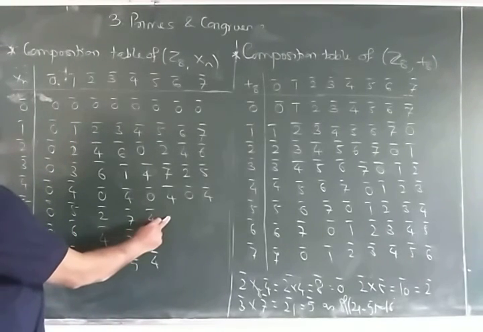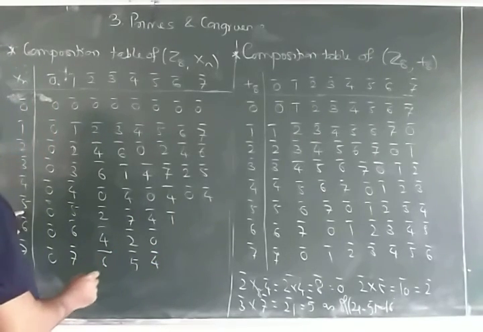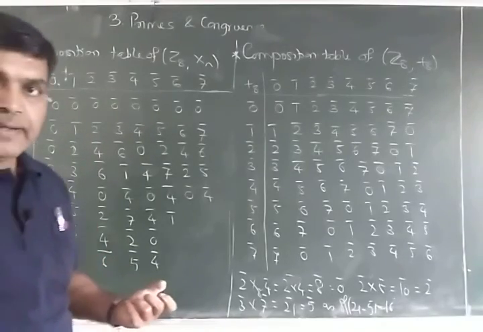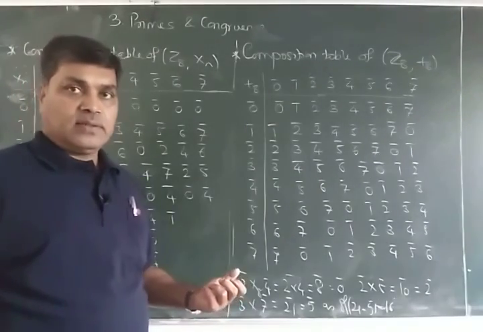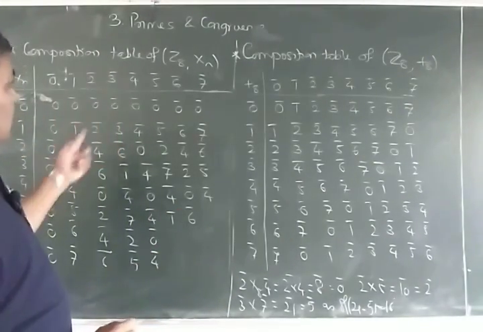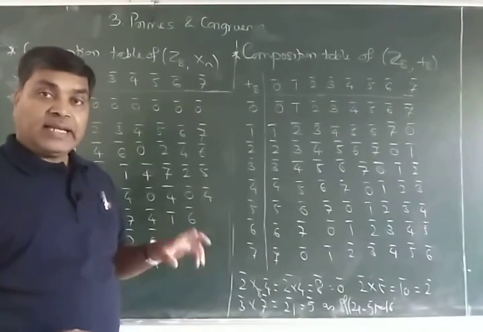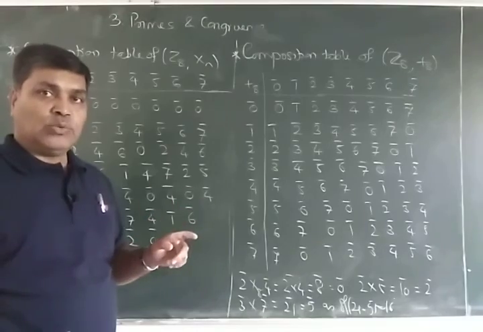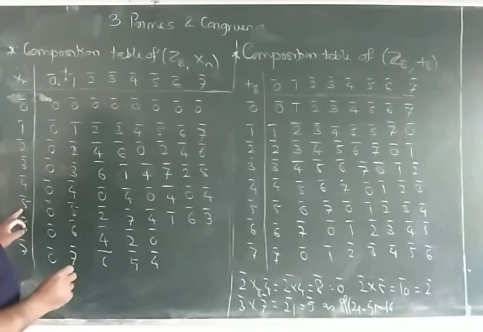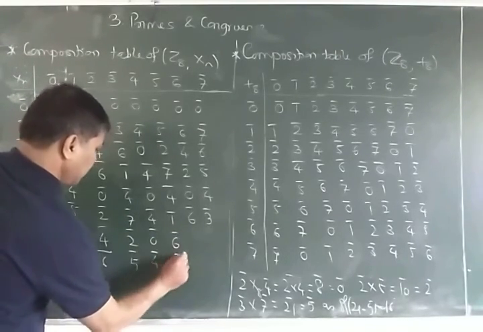Then 5 into 5 is 25. 25 divided by 8, the remainder is 1. 5 into 6 is 30. 30 divided by 8, the remainder is 6. Then 5 into 7 is 35. 35 divided by 8, 8 4s are 32, the remainder is 3. So 6 bar, 3 bar.